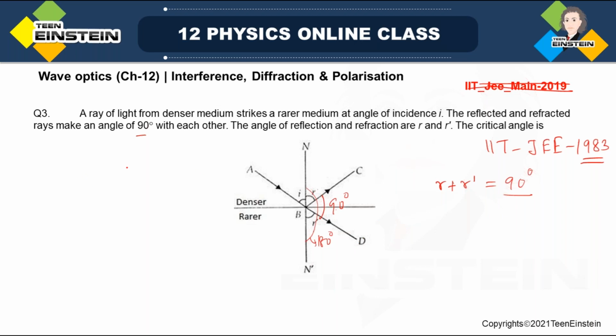Now let us see what are the options. The question is, the critical angle is given by sine inverse tan r, or sine inverse tan I. So this is a very standard question.